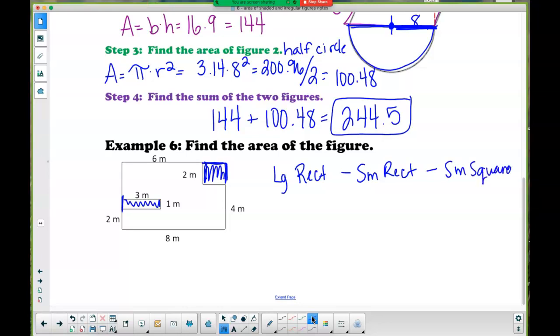Some of you might like that way better. Okay, and this would have been 8 times 6 for the large rectangle, which is 48. Where'd you get 6? This distance right here would be 6 because it's 2 plus 4. Good question.